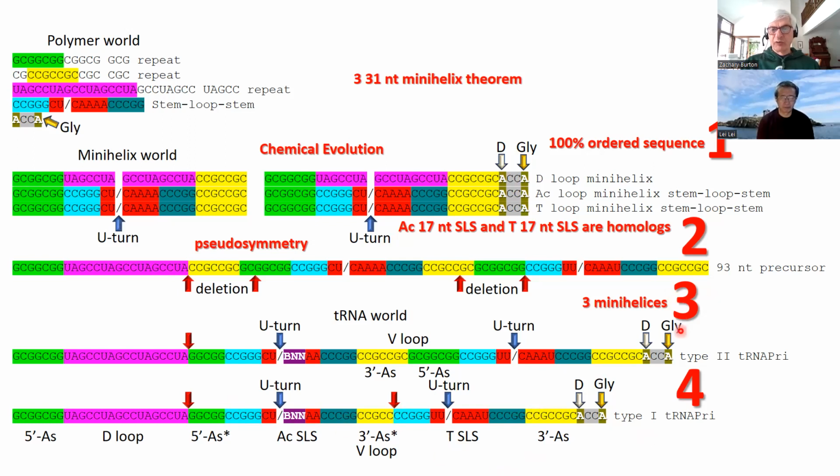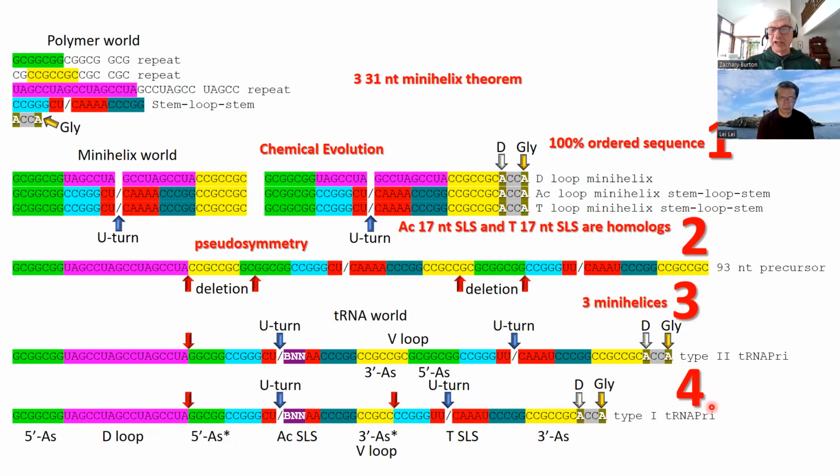And then the third point is that there are 3 mini-helices, so you can count them various ways. So 1, 2, 3, 31 nucleotide mini-helices, or you can count them 1, 2, 3, according to the mini-helix cores.